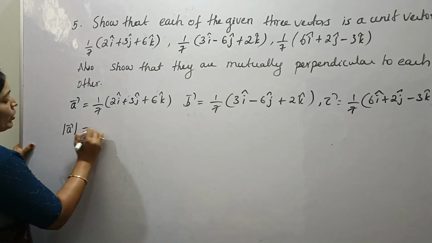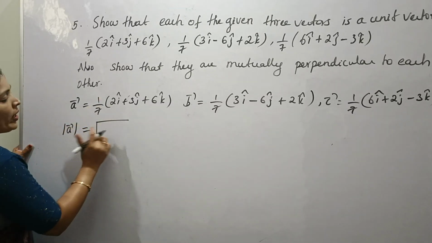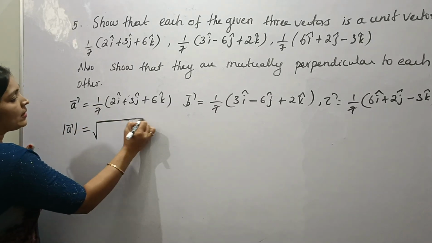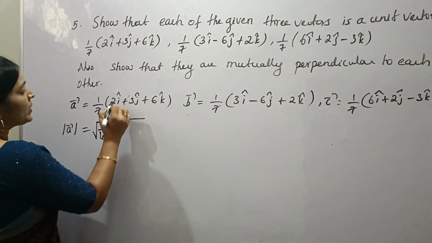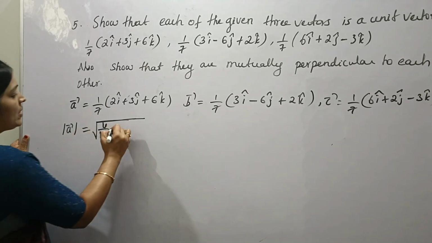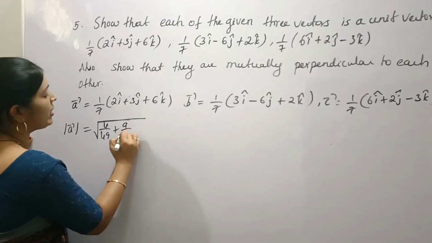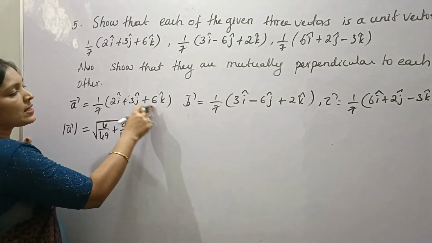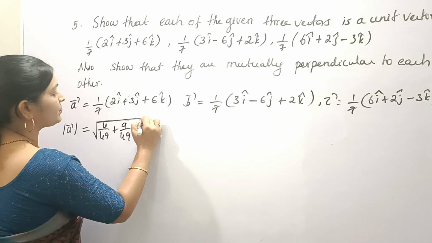That is, modulus of vector A is equal to square root of 1 by 7 squared, 1 by 49, or you can write separately: 2 by 7, square of 2 by 7, 4 by 49, plus square of 3 by 7, 9 by 49, plus 6 by 7 squared is 36 by 49.